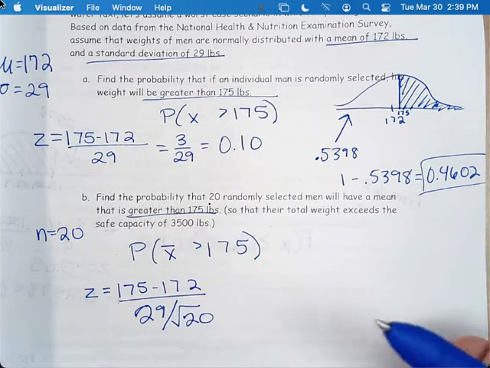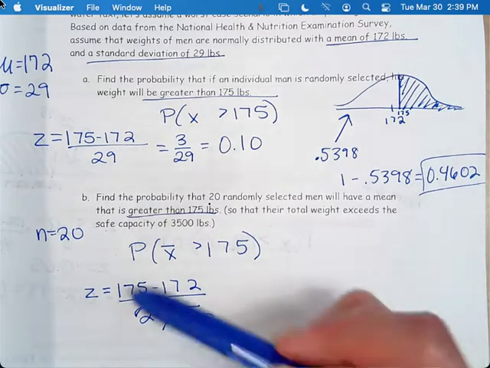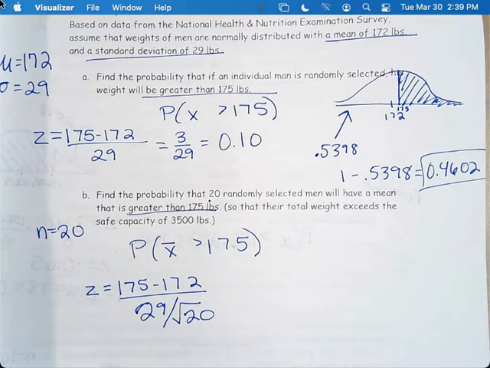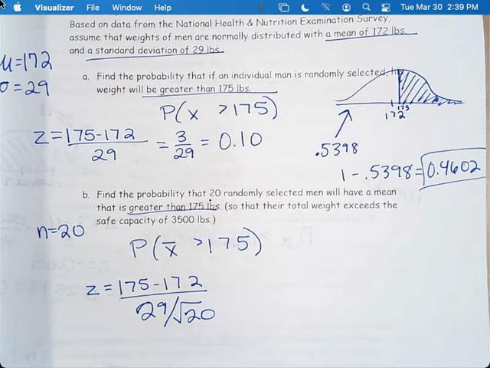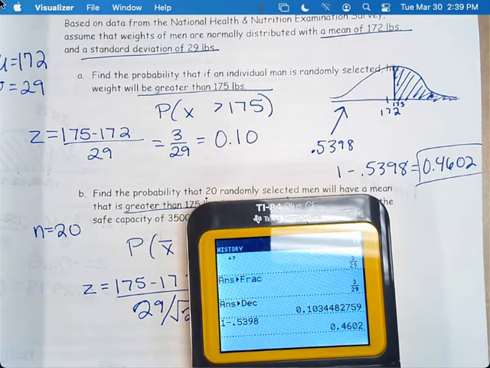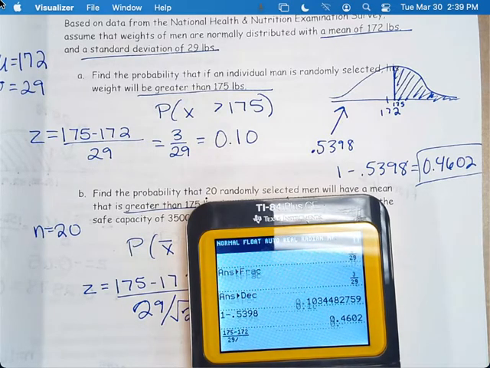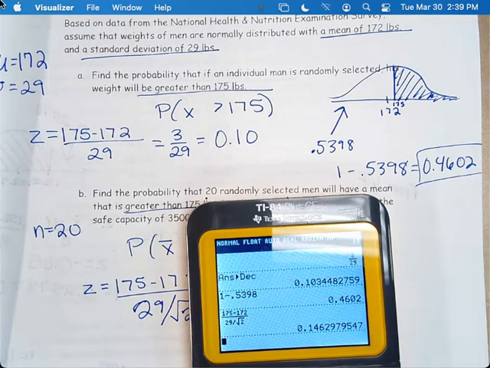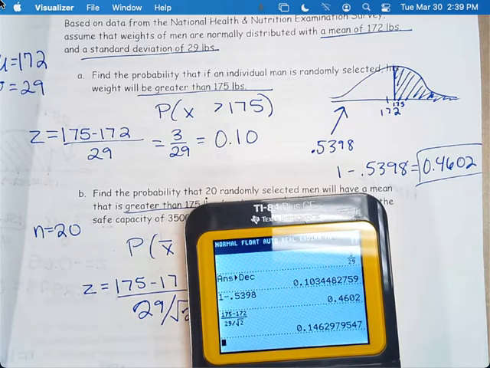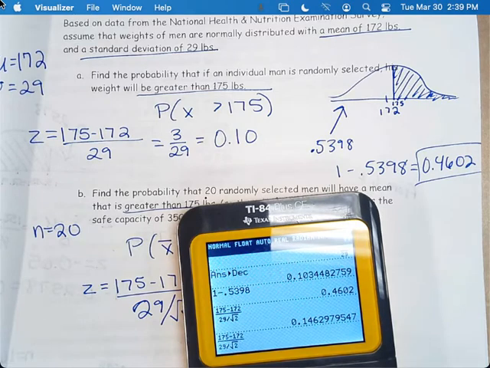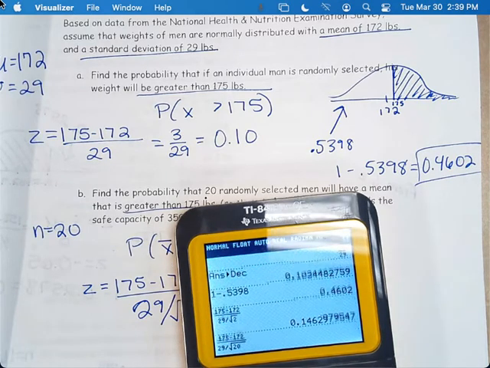If this was not a normal distribution, then we couldn't do the approximation to normal. Divided by square root of 20. Okay, there we go.